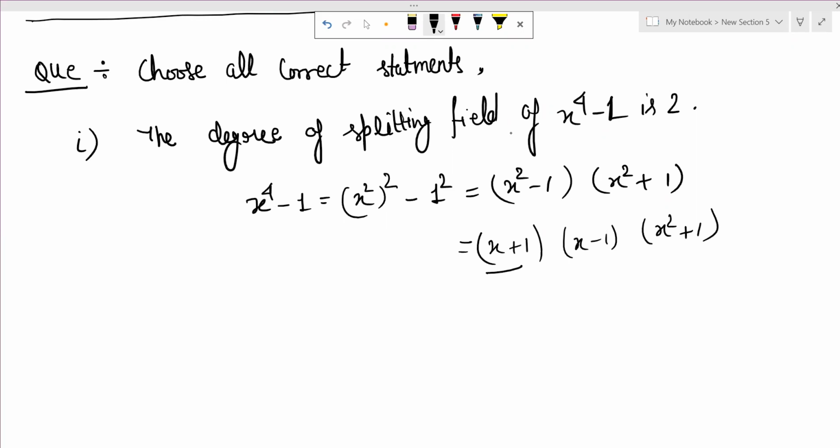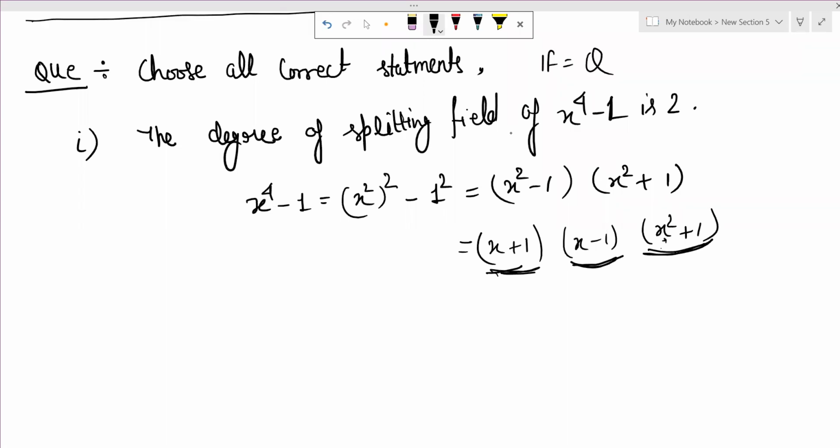Now see, these factors are already available over Q, so you need not add anything for them. You need only add the roots of this one, right? This is the only irreducible factor. Your field is given over Q.